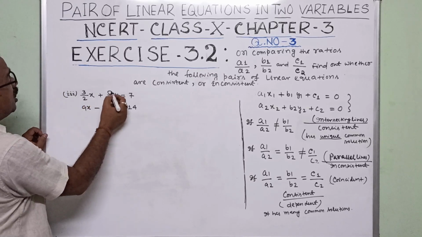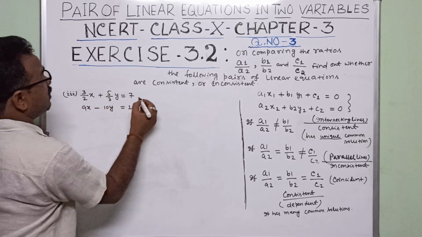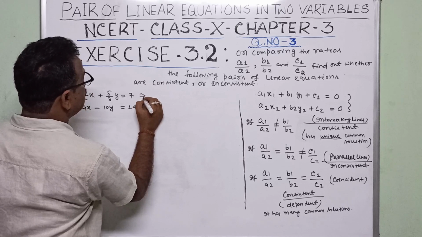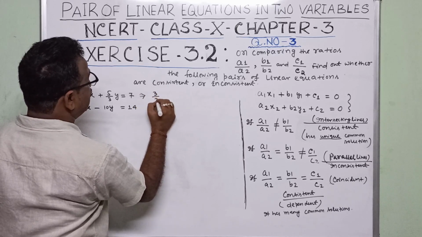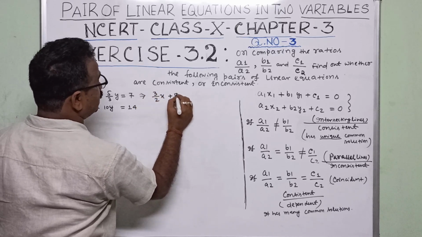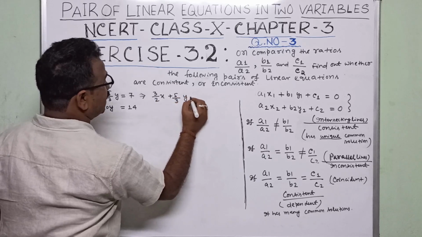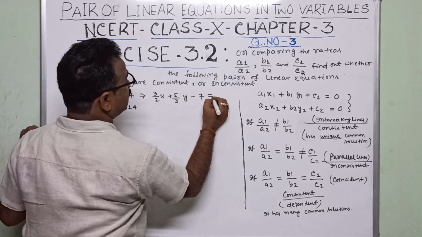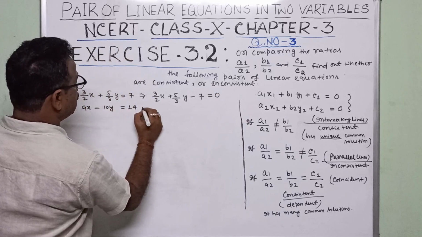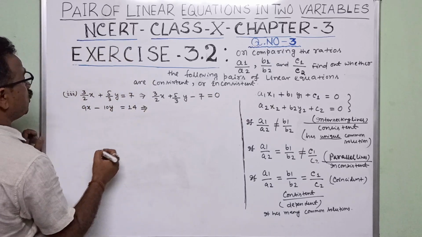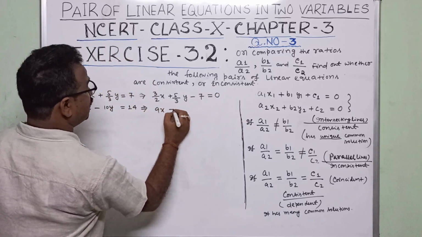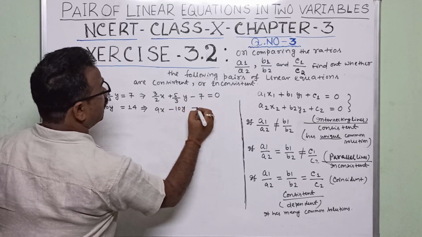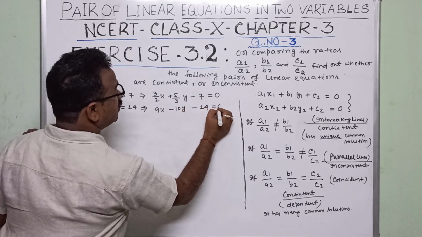3 by 2 x plus 5 by 3 y is equal to 7. Now make the standard form: 3 by 2 x plus 5 by 3 y minus 7 is equal to 0. Here also equation 2: 9x minus 10y minus 14 is equal to 0.